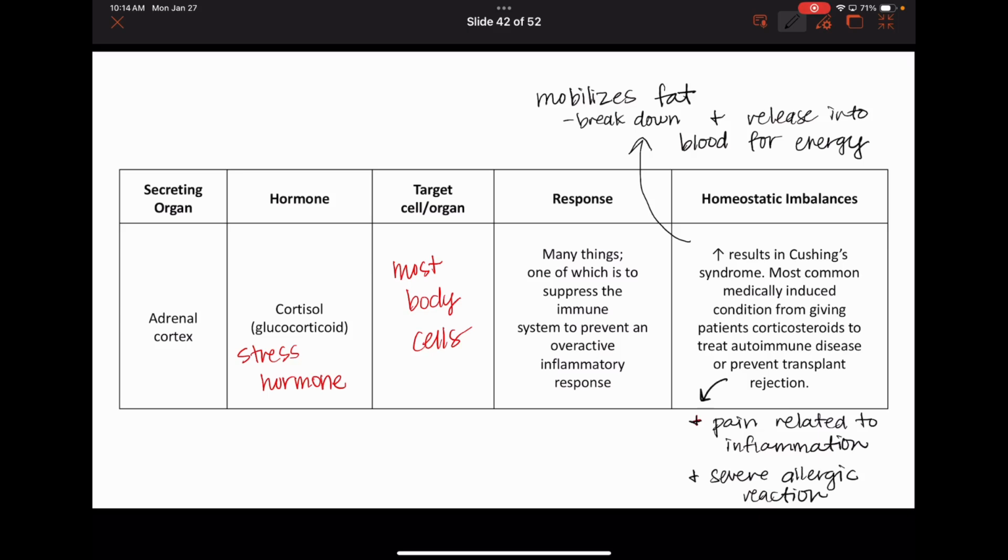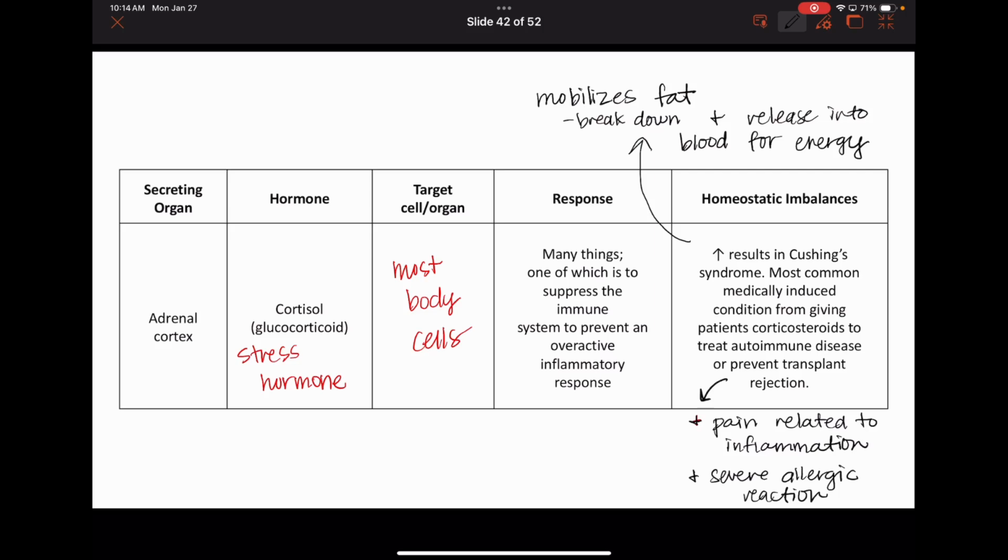Your body can't tell the difference really between those two things. And so either way, you're going to release cortisol, right? And so your body will mobilize fat when you release cortisol in times of stress, so that in case that stress is that you don't know where your next meal is coming from, you have this extra bit of energy in the form of fat in your blood that your body can use until your next meal.